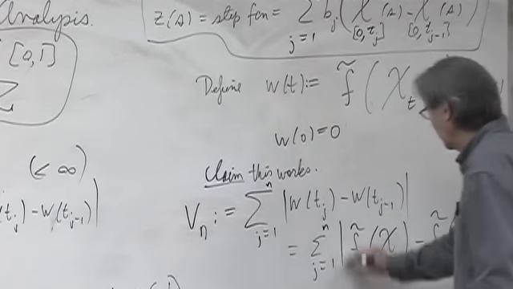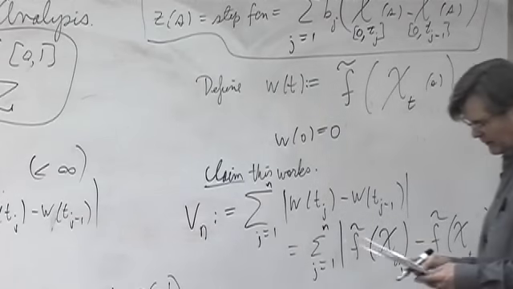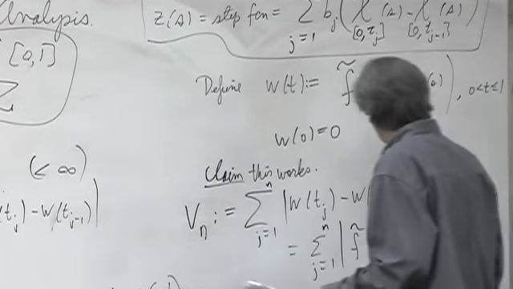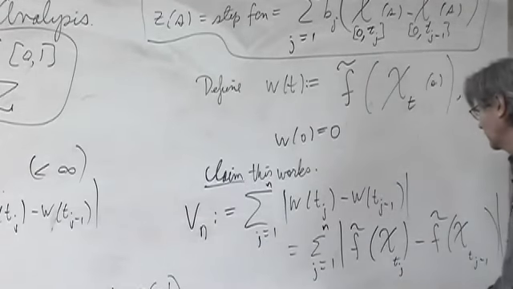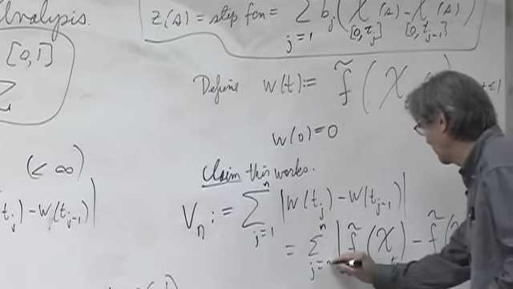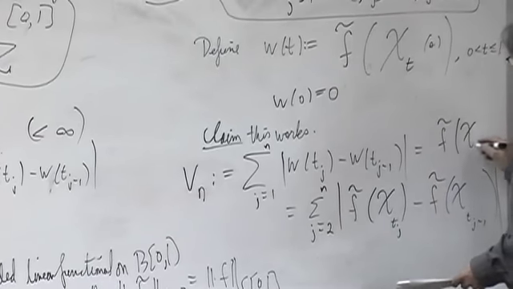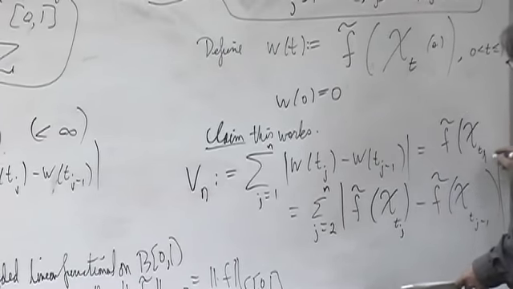Now what I want to do, except that the first term is special, so I have to write it this way, equals f tilde of chi t1.